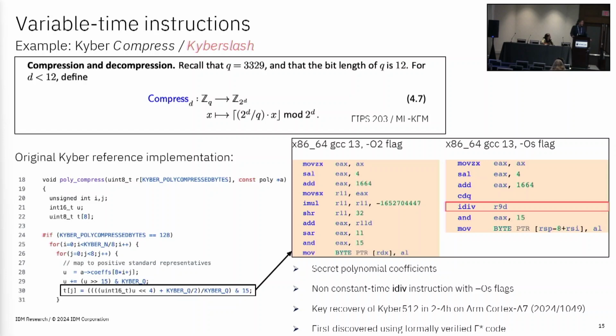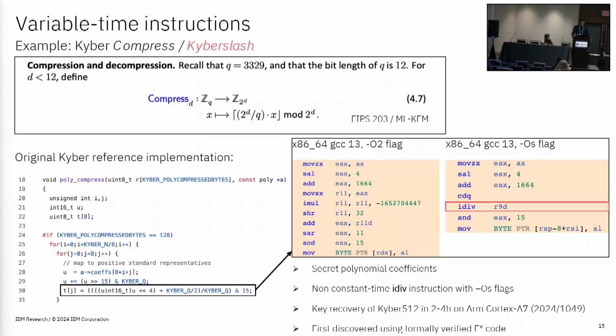So if you compile this with GCC 13 and O2 flags, you see there is no division instruction in there, but instead a multiplication. If you compile it with different flags, like Os, size optimized, you see that there is a division instruction in there, which in this case is an issue, right?